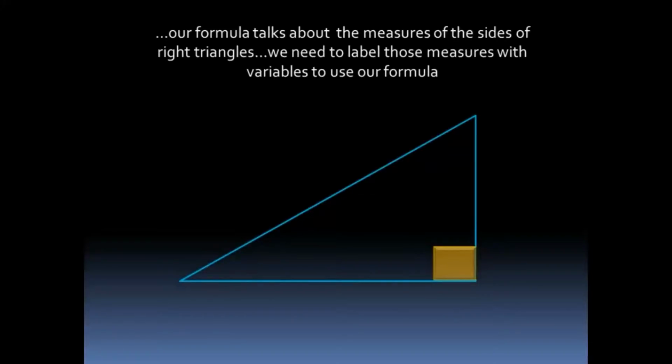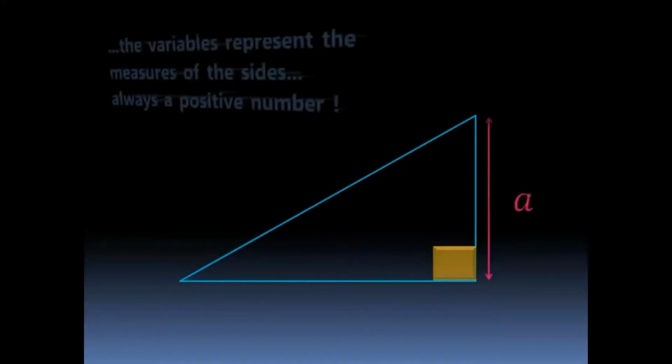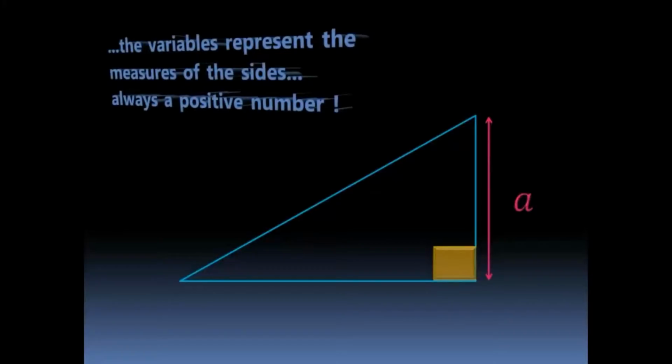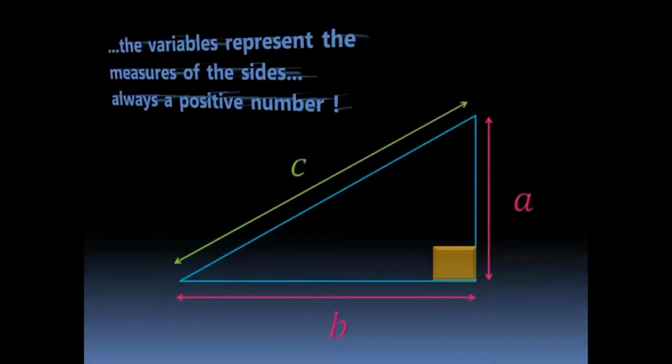We need to label those measures with variables in order to use our formula. So we're going to label this first short side with the variable a. And we label the other side with the variable b. The side opposite the right angle we are going to label with the variable c.